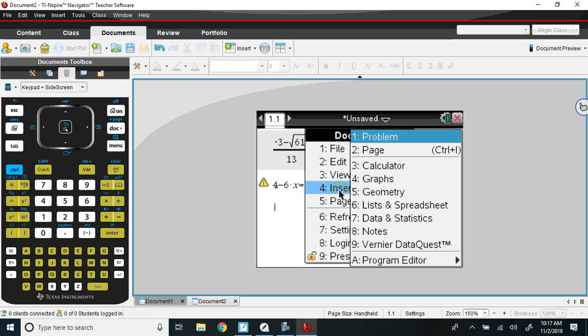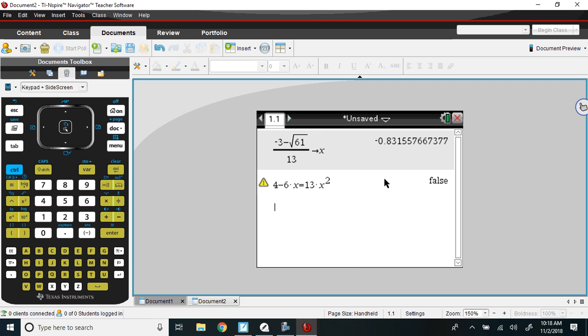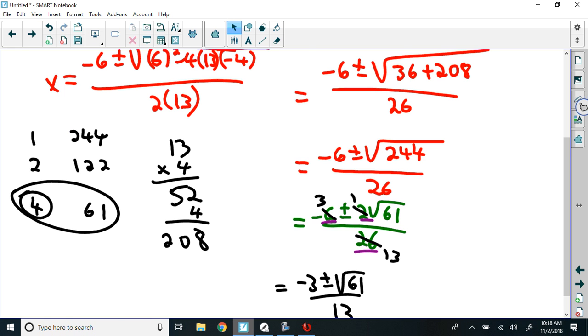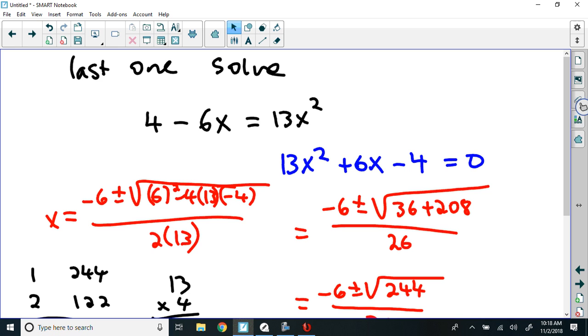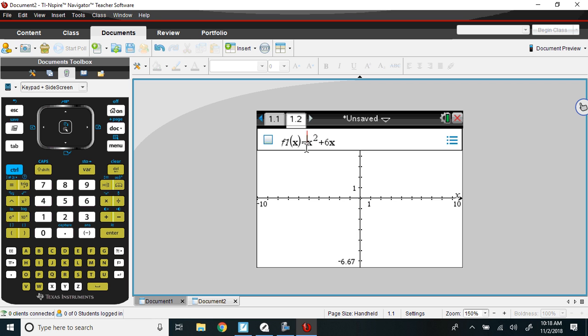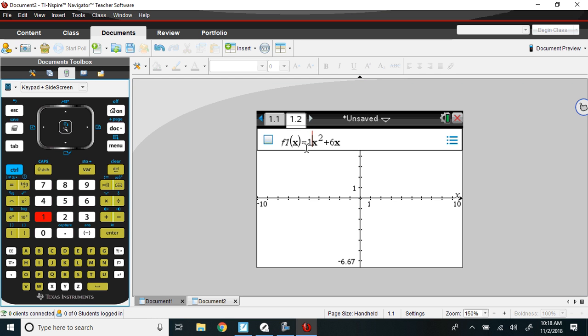Insert graph: 13x squared plus 6x, and then minus 4, like that?